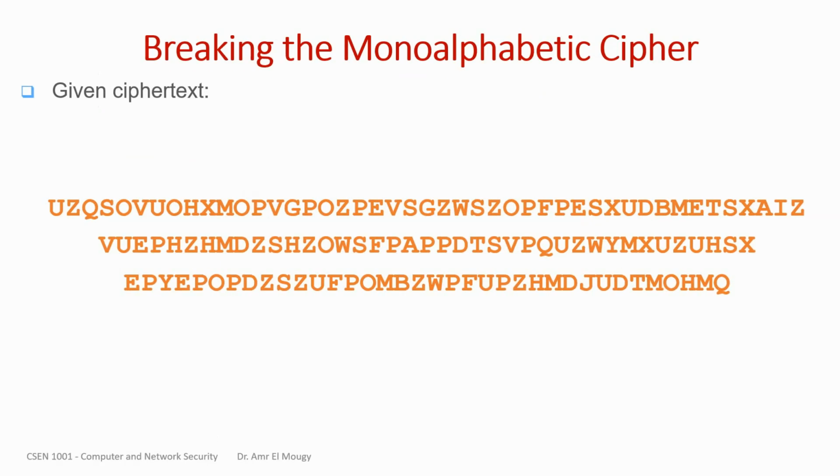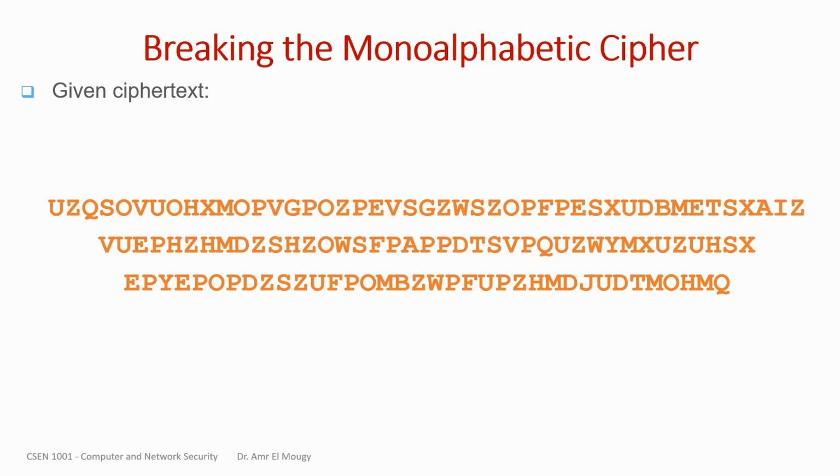To explain that, let's consider this encrypted text. We have this piece of text, and we wish to try and break it. By the way, throughout this course, I will ask you to pause the video and get a pen and paper and try to solve something with me or think about a problem with me. Here is an example of that.